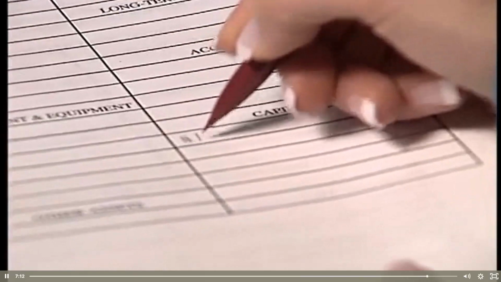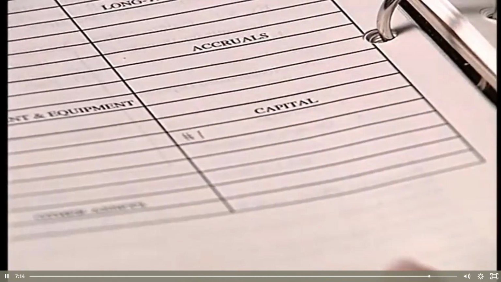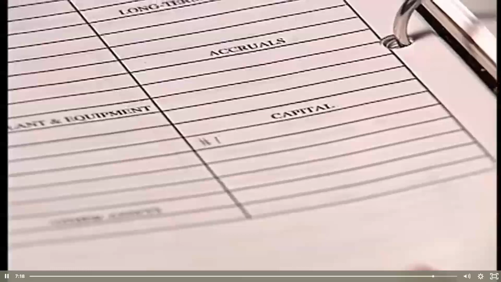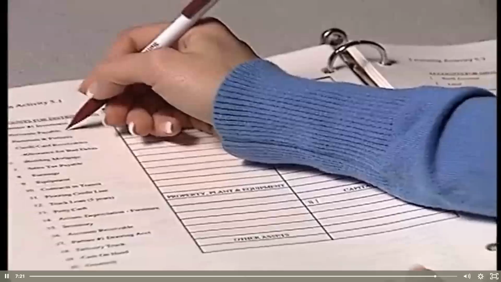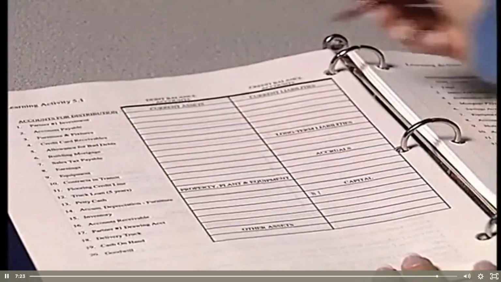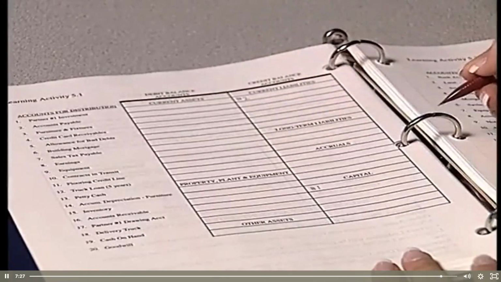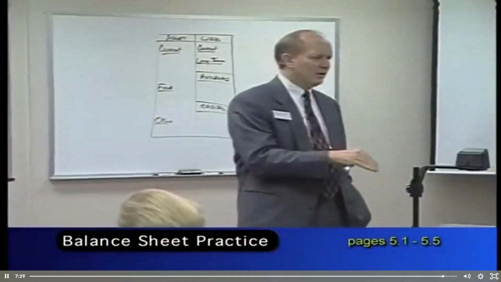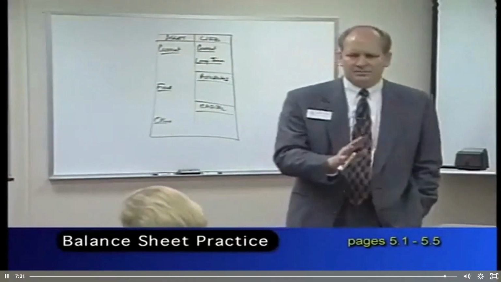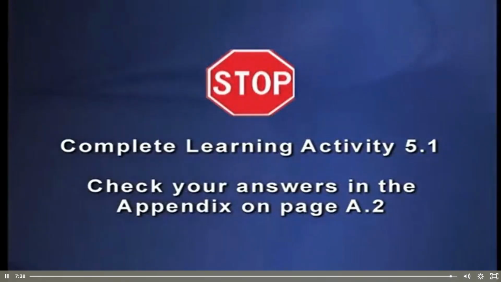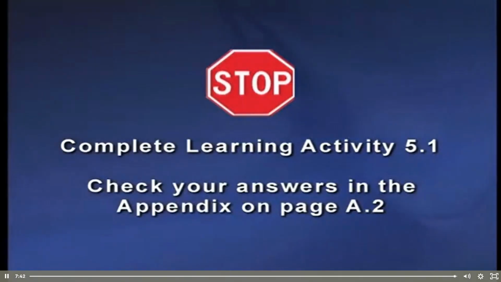You don't need to write out the name. Save you a minute to just write down the number. And then accounts payable, number 2. Which account category does that go into? Current liabilities. So put a 2 under current liabilities. Go ahead now and continue on down those 20 accounts, identifying the category that they go into, and then stop. Complete Learning Activity 5.1, found on page 5.2. Once completed, check your answers with the appendix, page A.2.